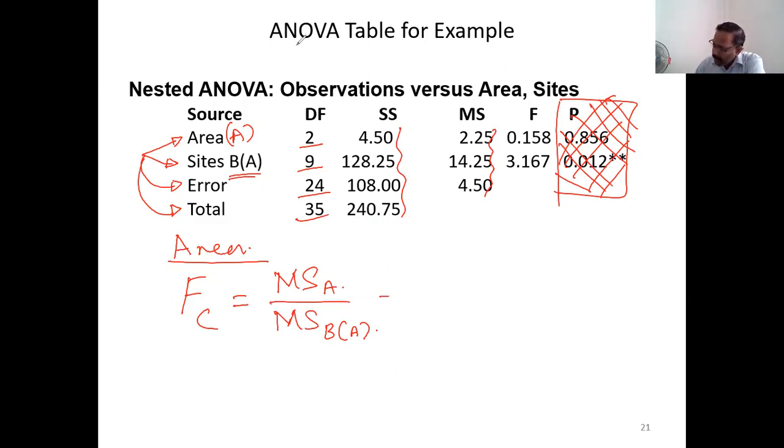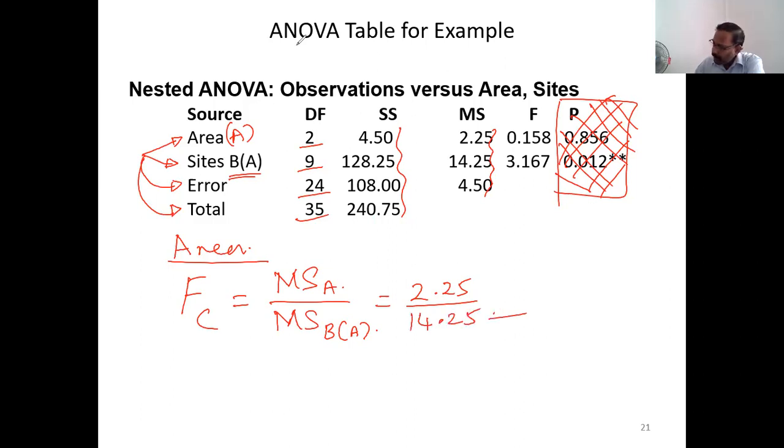So according to that, what is the mean square of area? That is 2.25, divided by the mean square of B within A, because here for the denominator for area we use the mean square of site B. That is 14.25.